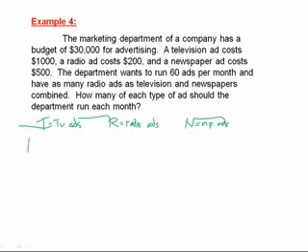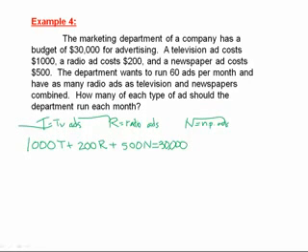And we know that 1,000 times the TV ads plus 200 times the radio ads plus 500 times the newspaper ads needs to be $30,000. If you want, you can put a little comment in there. $30,000. All right, that's the first equation.